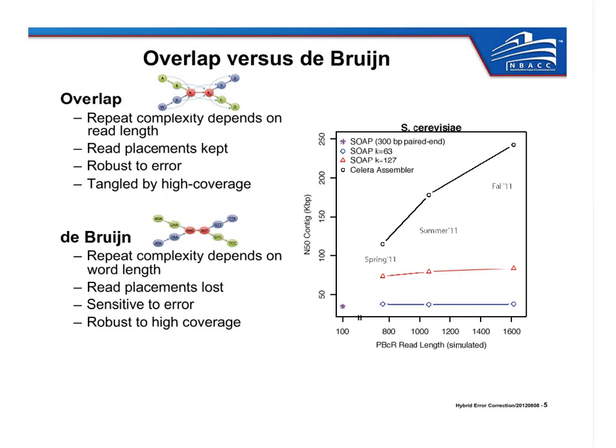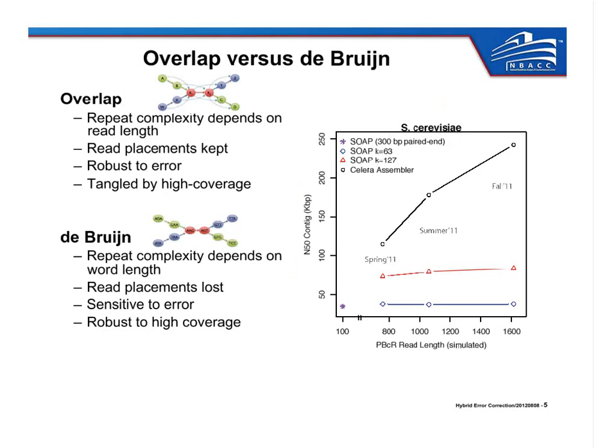So on the right, this is a figure from our paper that shows a comparison of the Celera assembler versus SOAP de novo for increasing read length, and this kind of illustrates the shredding properties of a De Bruijn assembler. On the bottom, we're showing a PacBio simulated read length, where this is a perfectly accurate read that we've simulated at various lengths. And then we're showing the N50 contig size here in terms of kilobase pairs for the yeast genome.